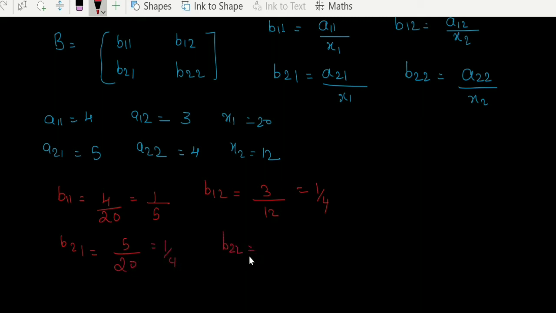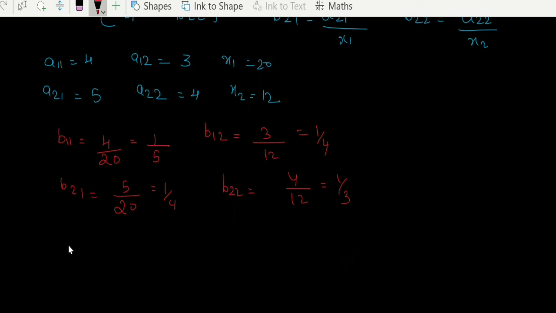B22 is 4 by 12, that is 1 by 3. So write the technology matrix B now. The technology matrix B is 1 by 5, 1 by 4, 1 by 4, 1 by 3. This is the technology matrix B.